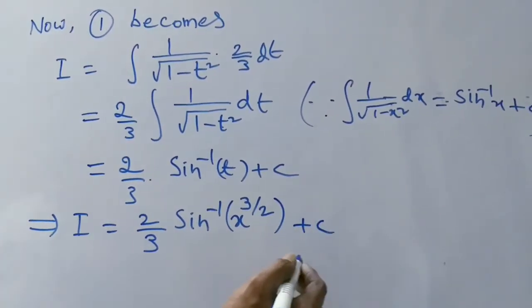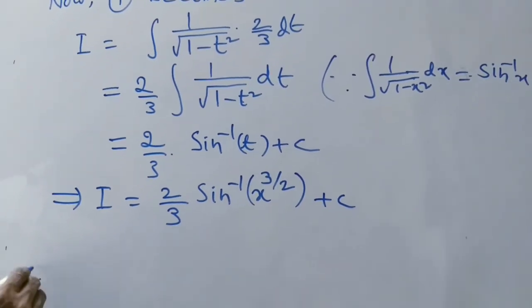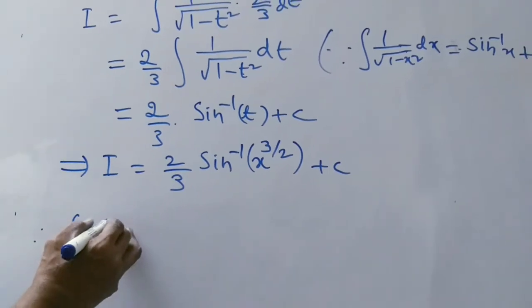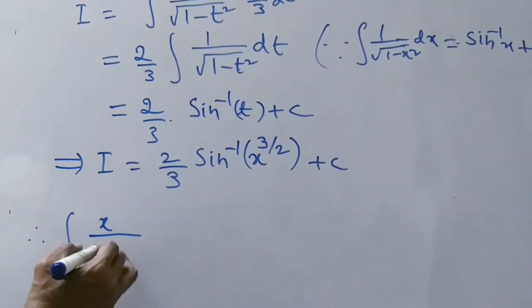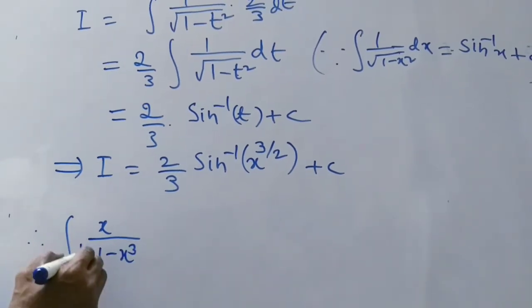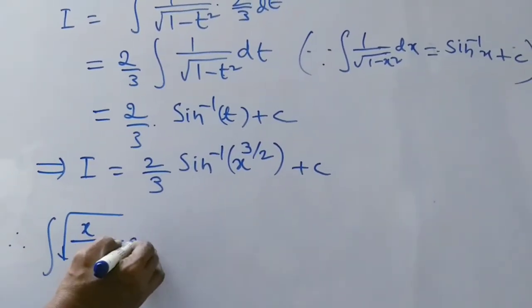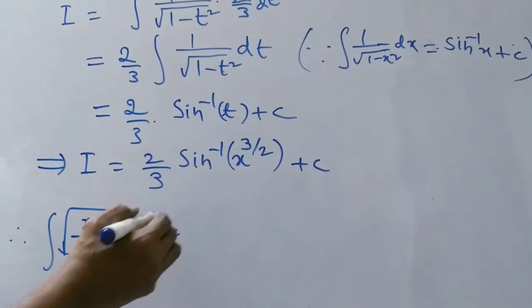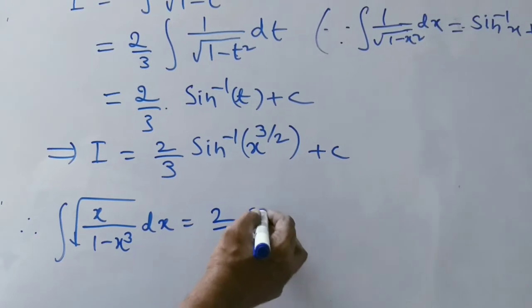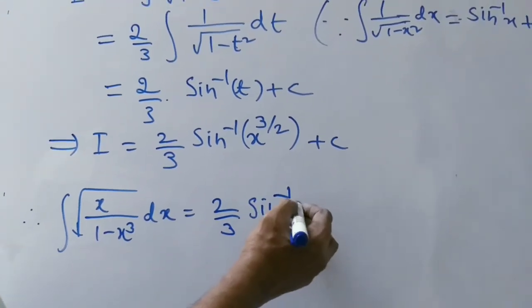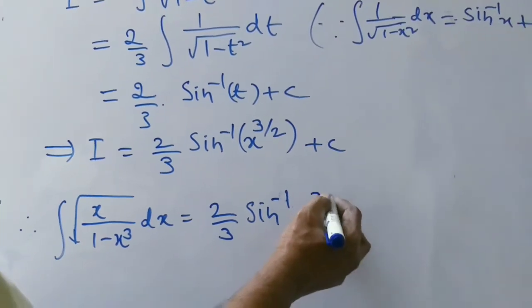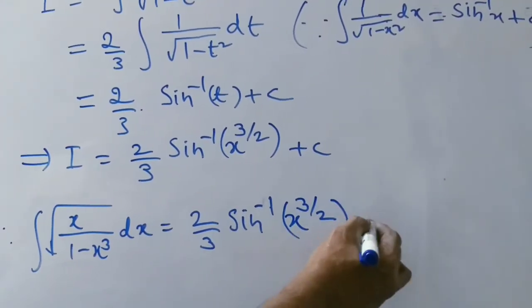Therefore, the integral of square root of x by 1 minus x cube dx is equal to 2 by 3 into sin inverse of x to the power of 3 by 2 plus c.